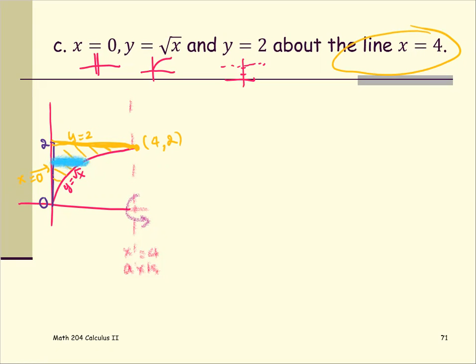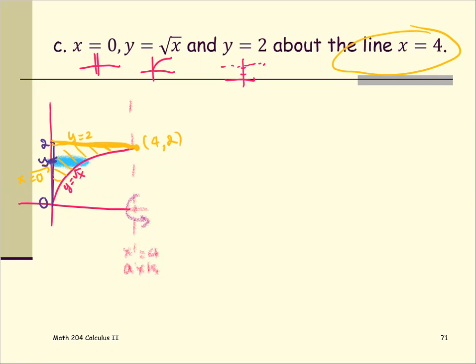Now, you see the bar which is perpendicular to the axis of revolution, and the bar at the end here, that is the y position. I'm going to name it y at this position.